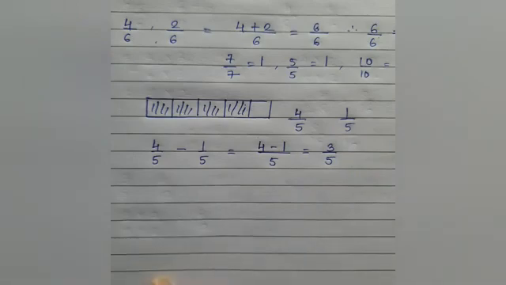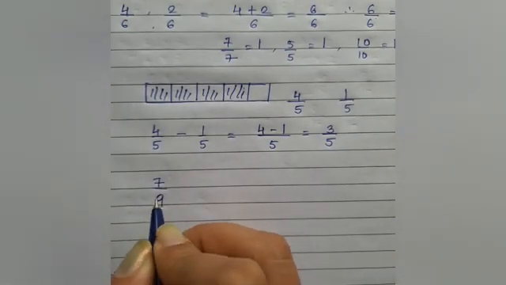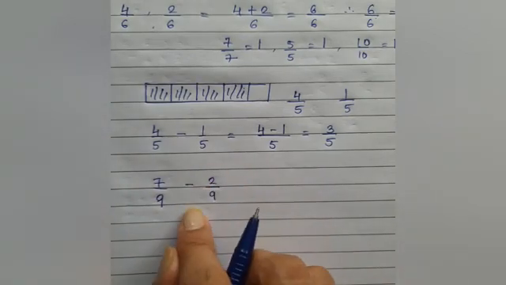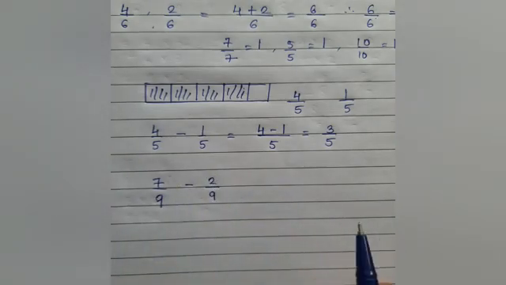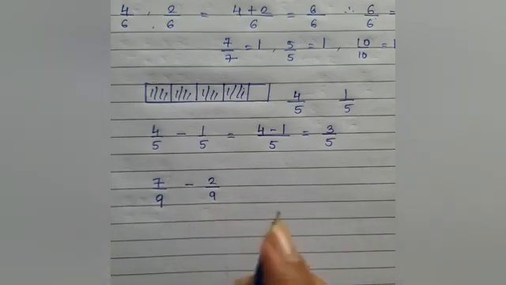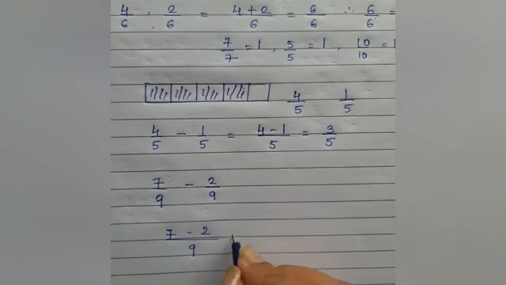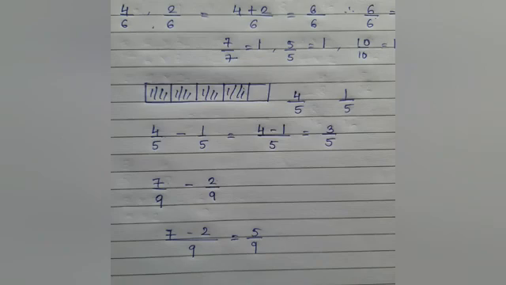Suppose the given fractions are 7 upon 9 minus 2 upon 9. What we do here is, we subtract only the numerators and keep the denominator as it is. That is 7 minus 2 upon 9. The answer will be 5 upon 9. This is how we add and subtract like fractions.